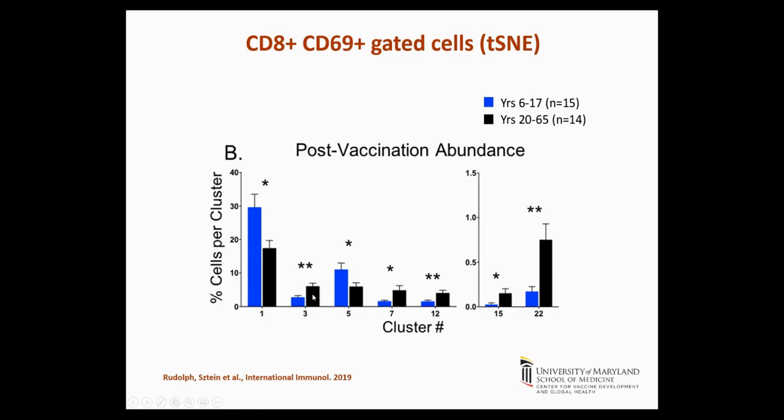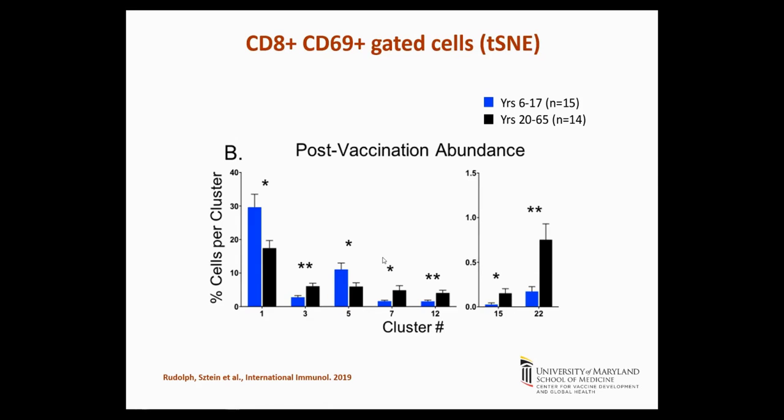For other clusters, adults have a higher representation than children, and we can see that in many clusters, including 7, 12, 15, and 22, in adults you see a higher representation in those clusters.